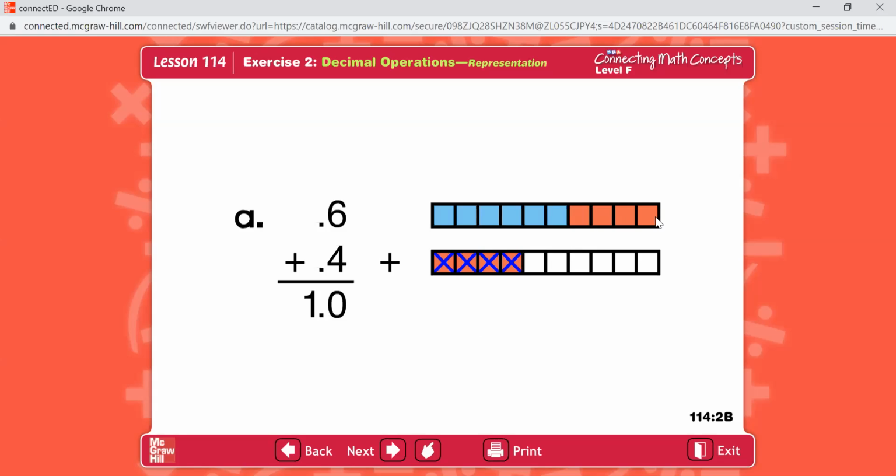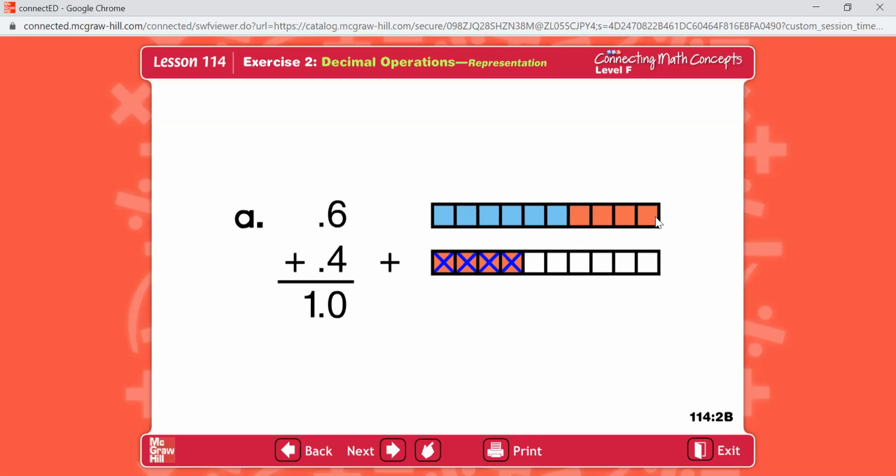Problem B reads 7/10 plus 5/10. Read the problem aloud now. 7/10 plus 5/10. Write the answer to the decimal problem, then show the two values shaded in the diagram. In the first bar, you should shade in 7 for 7/10.